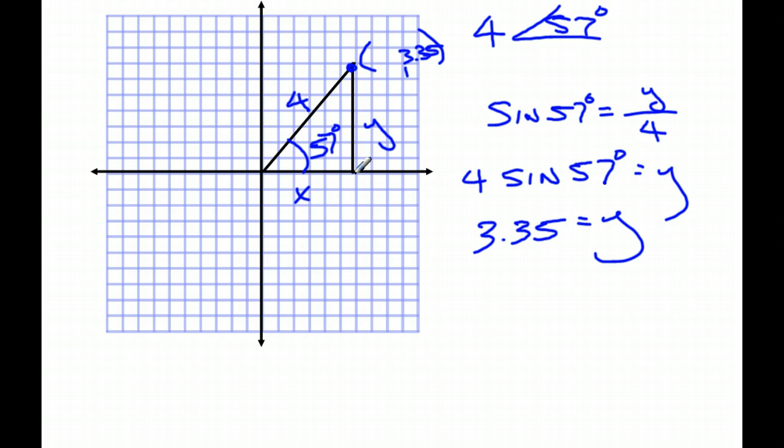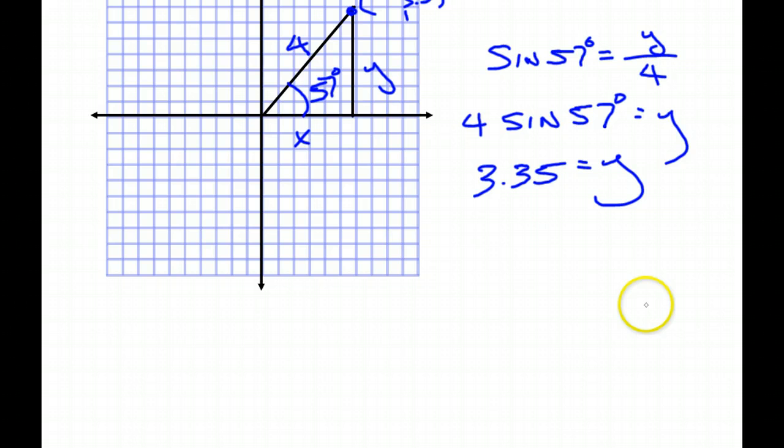How do I find my x value? I can do Pythagorean, I'd rather not, since it's a decimal. I could also use trig, and it would be sine, cosine, or tangent. So cosine of 57 degrees equals adjacent over 4.